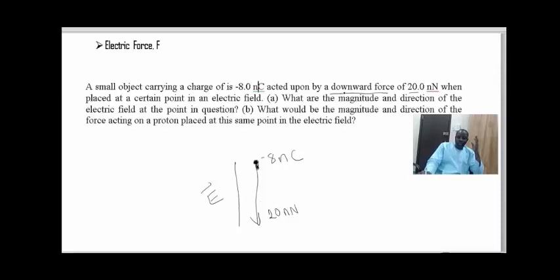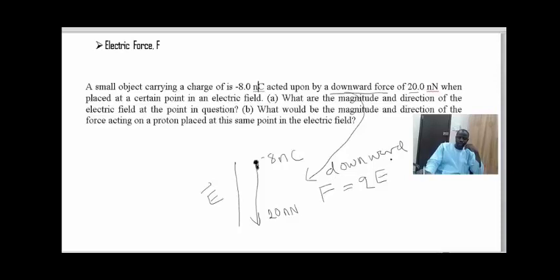So we take care of the word downward, the fact that our force is acting downward. This force is going to be given by the charge times the electric field, where our charge is this charge and this E is our electric field.